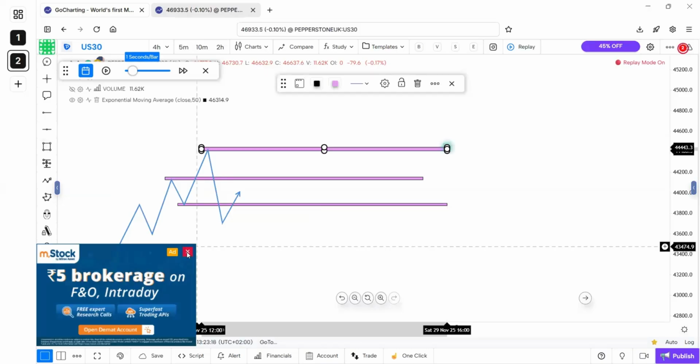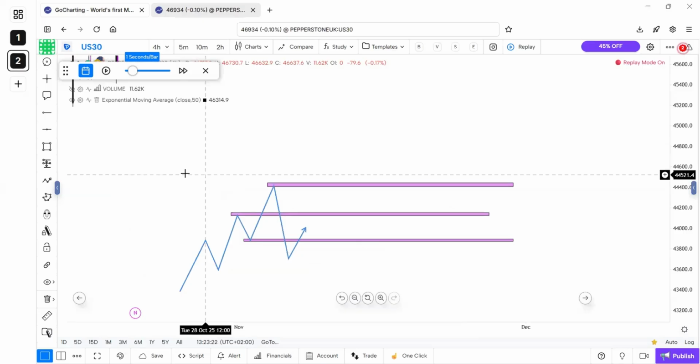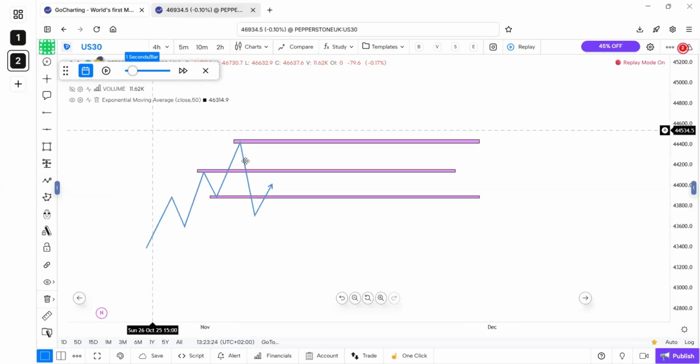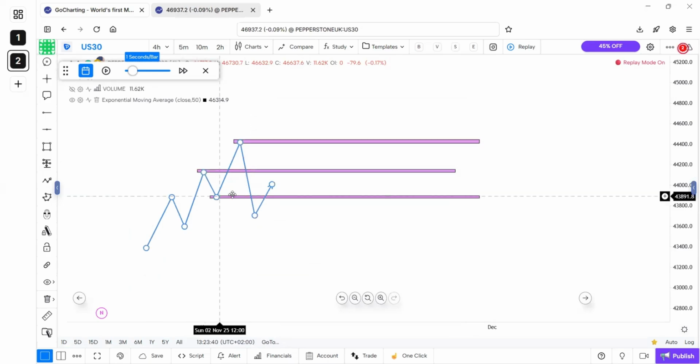All right. So now when the market is moving in this way, what you have to do is, when the market is here, see if the market will respect this level over here or break it.